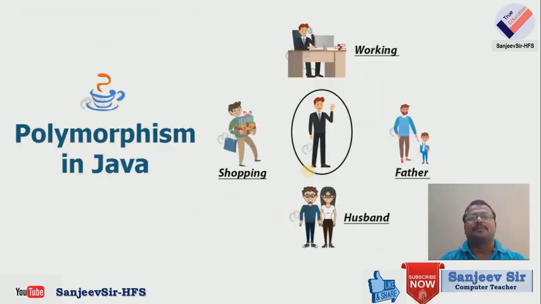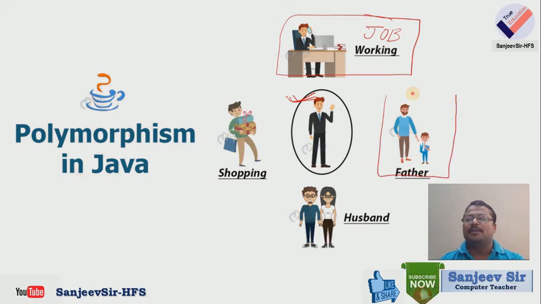Another example: one person performing the role of different jobs. In one place doing a job, in a family playing the role of father, with a wife playing the role of husband, and when shopping, playing the role of customer.